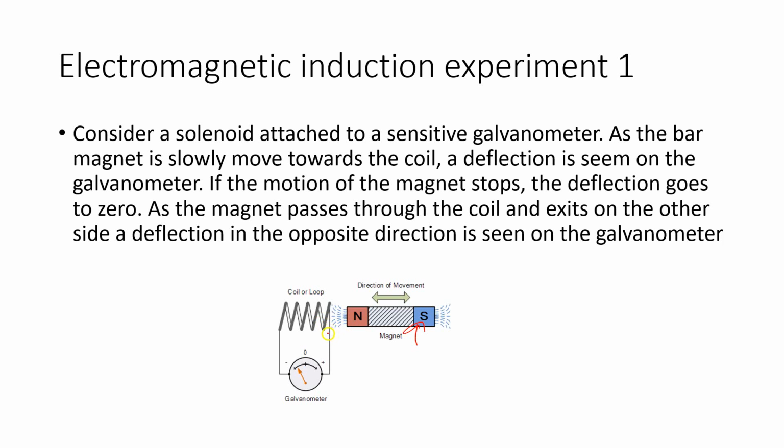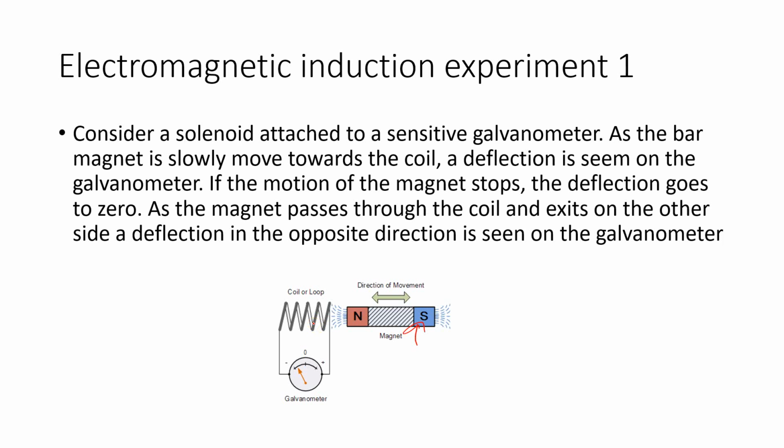Hence, that is the reason why the direction of the current that we looked at on the galvanometer would have changed to a particular direction. Now, we can use, I think, the right hand grip rule.